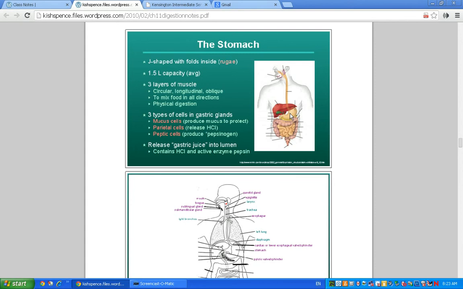So the glands that line the walls of your stomach are called gastric glands. They're found in gastric pits, which are almost like little holes down into the sides of your stomach. There are 3 types of cells found there.